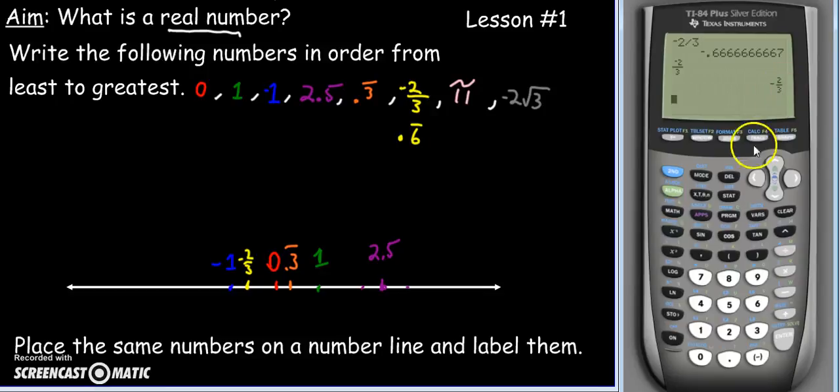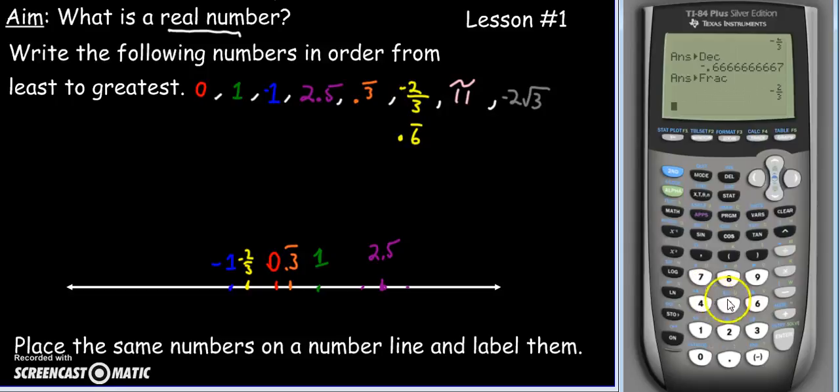If I want to turn that into a decimal, I have to press math. And in math we have fraction and decimal. So I have a fraction, I can turn it into a decimal, which is what we said it was. Similarly, now that this is the answer, I could press fraction and turn it into a fraction. So you can turn decimals to fractions and fractions to decimals.